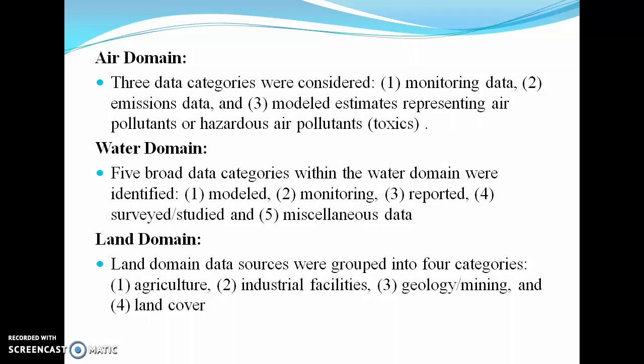For the land domain, the data sources are agriculture, then industrial facilities, third geology or mining, and fourth is land cover. Land cover includes grass, tree, then water. So this will cover land cover.